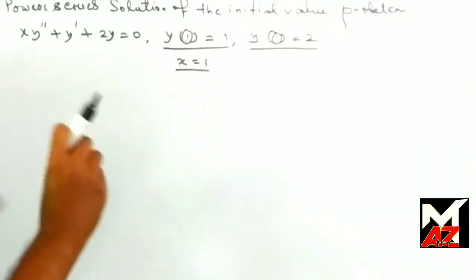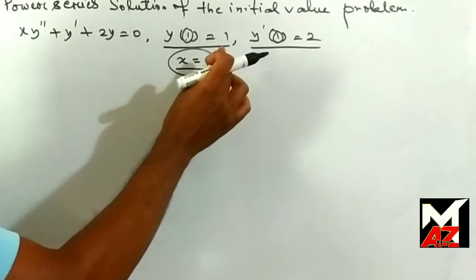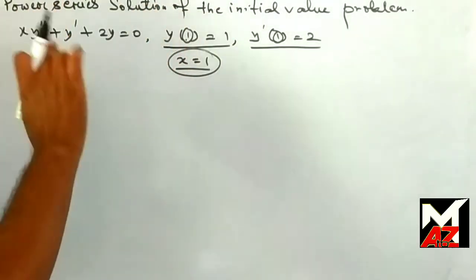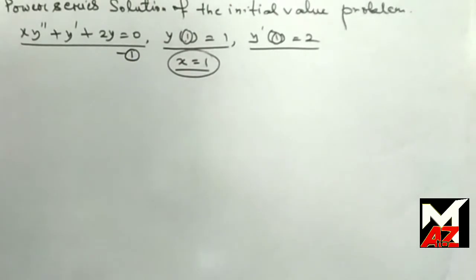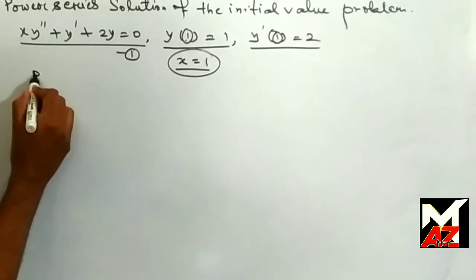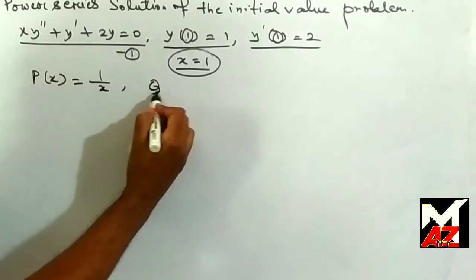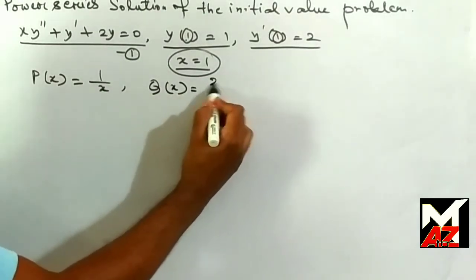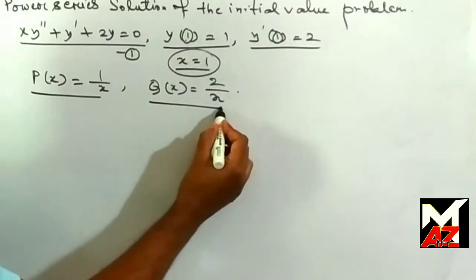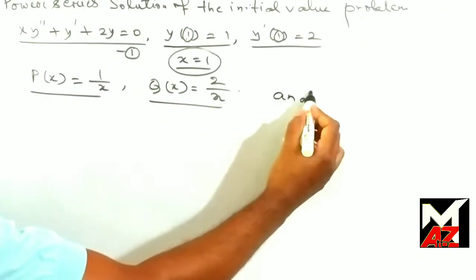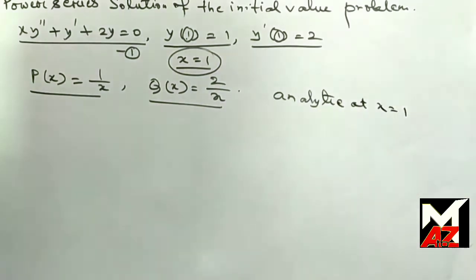Okay, now we check whether x equal to 1 is an ordinary point or singular point of the equation 1. Clearly here p of x is equal to 1 by x and q of x is equal to 2 by x. So both p of x and q of x are analytic at x equal to 1.